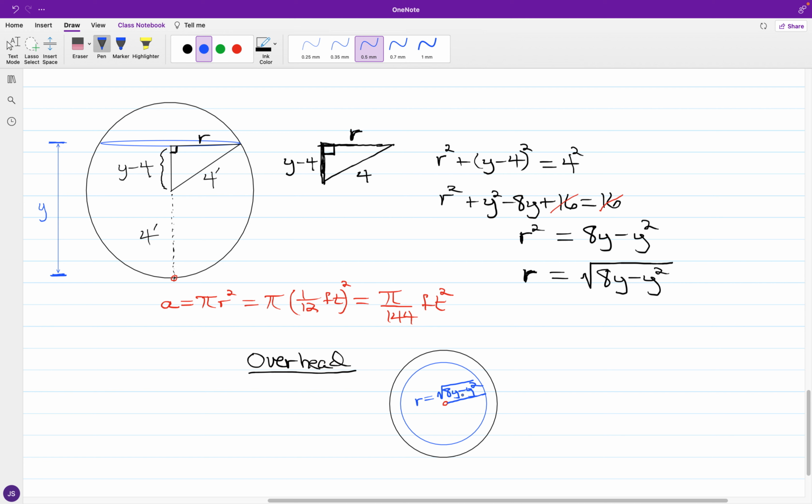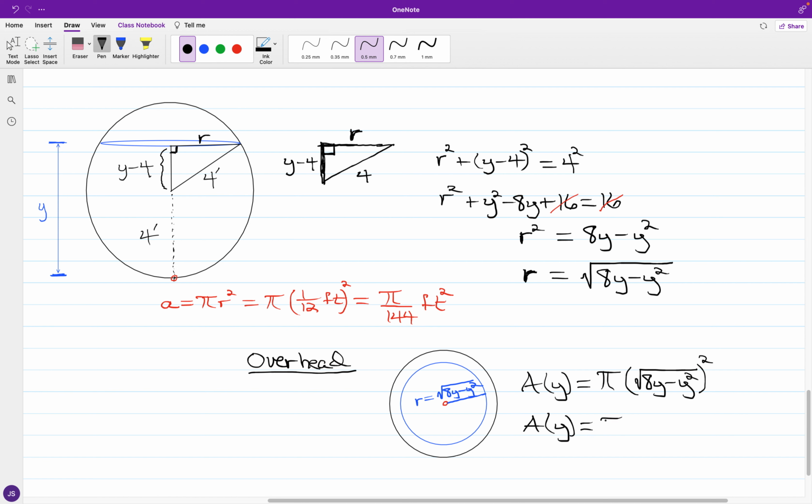For the cross-sectional area, again we have A of y is going to be equal to also pi r squared, where we have a different radius.